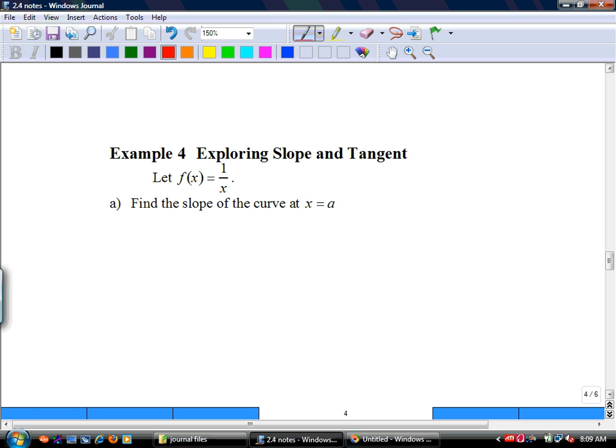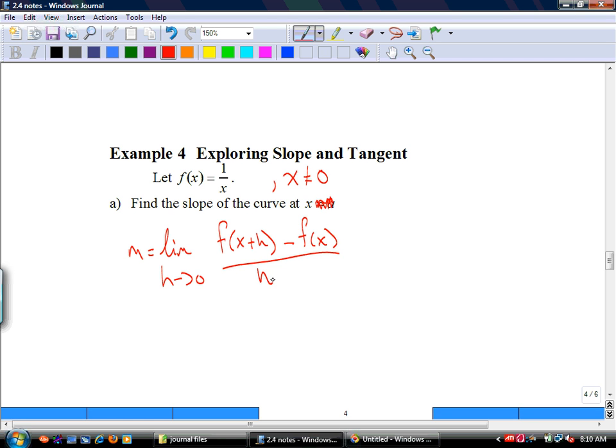So find the slope at the point on y equals f of x, as long as x doesn't equal 0. So m equals the limit as h goes to 0 of f of x plus h minus f of x, all over h.